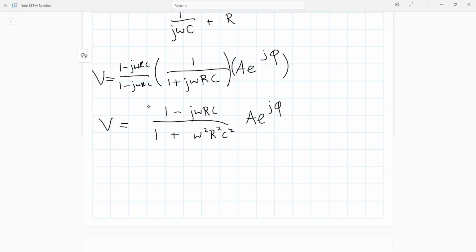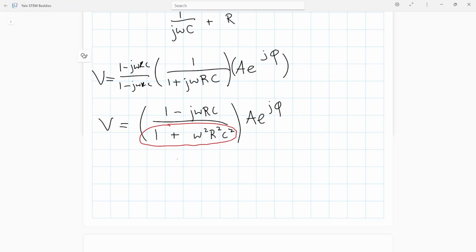Now that this complex number in parentheses is in a nicer form, we can go ahead and find its magnitude and phase. The magnitude is going to be the real part squared plus the imaginary part squared, all under a square root sign. Any multiplicative constant, like the factor in the denominator, can just pass through until the end.